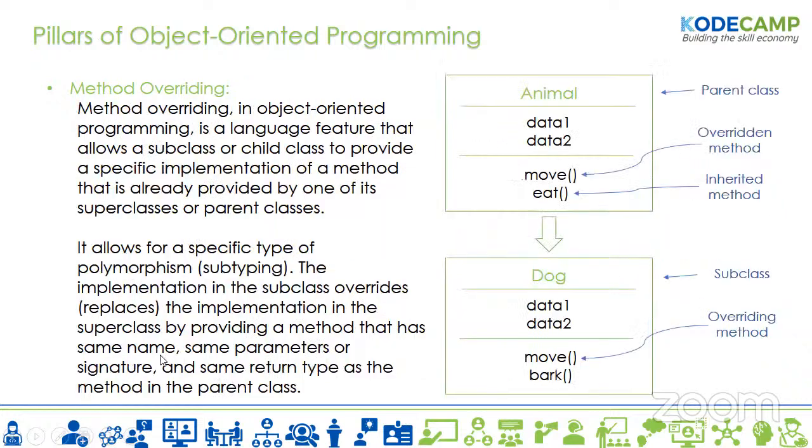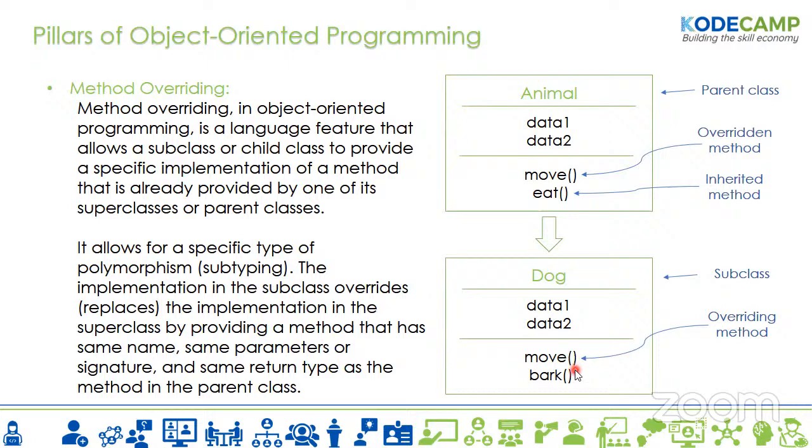Okay, so the name, sorry, let me go back. The name must be the same. Then it must also provide the same parameters. Generally, they call this aspect of the parameters the signature. So this will be the name and this will be the signature.